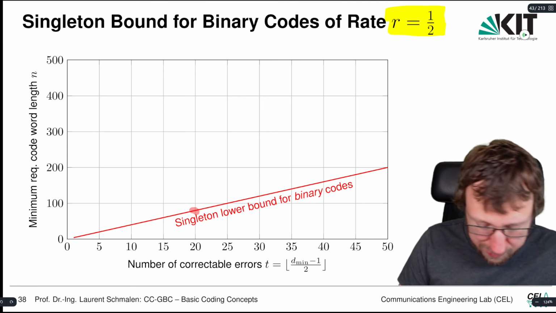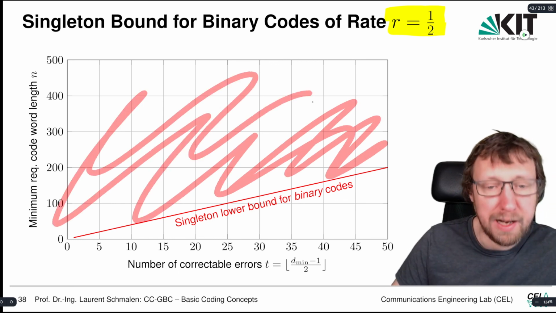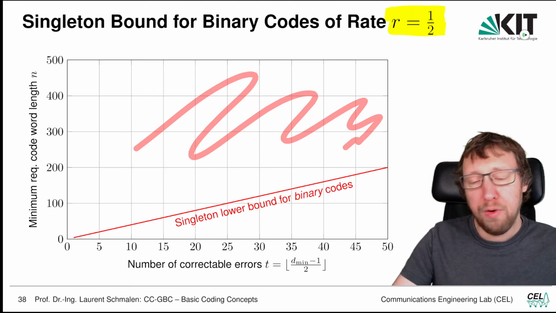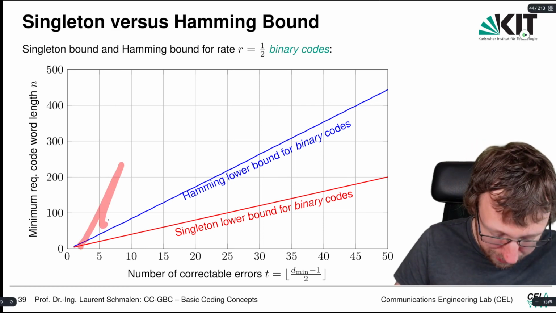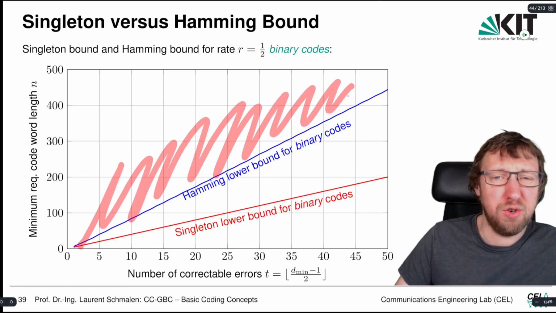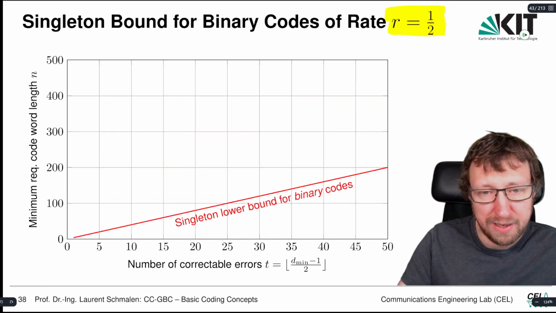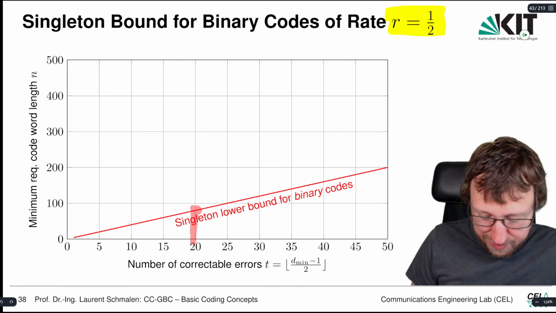So the admissible region is somewhere here. That's where the singleton bound says that we could possibly find valid codes. Now if we're looking at the Hamming bound, this is the Hamming bound for binary codes. The Hamming bound says no, it should be here. I'm giving you a much better bound. If you want to correct 20 errors, the singleton bound says around 90.